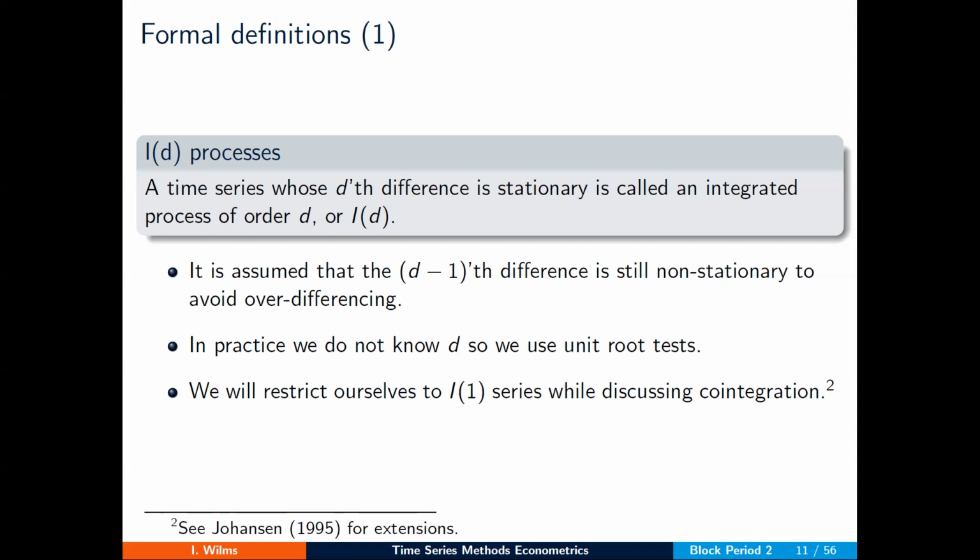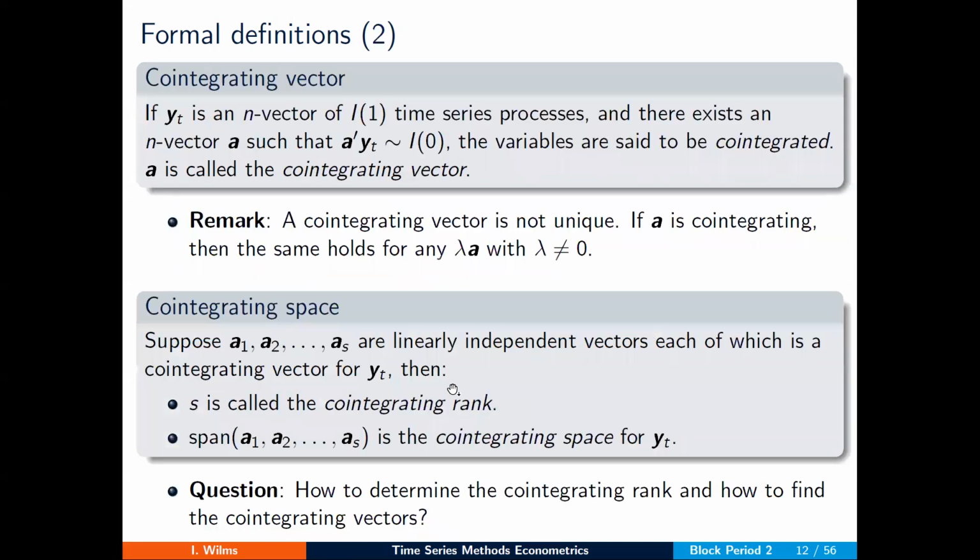Now, in the discussion of co-integration today and next week, we will only look at series that are integrated of order 1 and investigate whether they are co-integrated or not. Now, how do we set up our definition of co-integration?